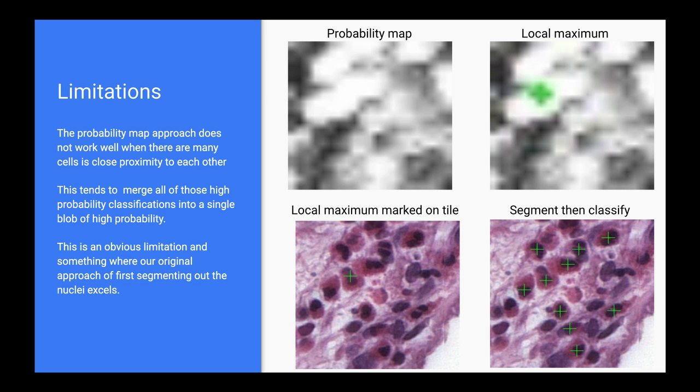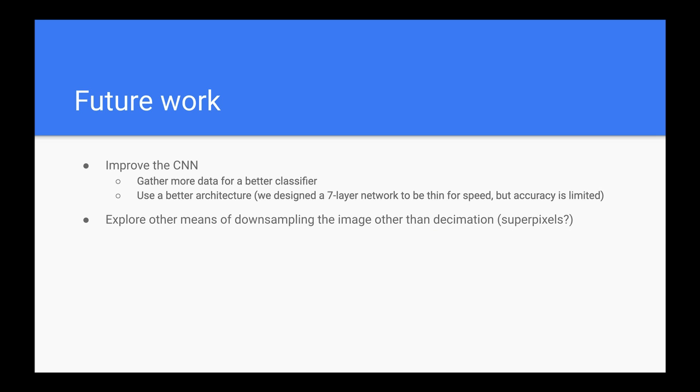But this is somewhere where the old approach of segmenting and then classifying really excels, because when you segment out the nuclei, you really know where the individual cells are. So that really gives a bonus to our old approach.